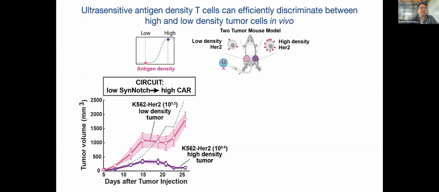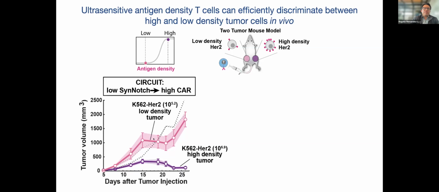And that is what is shown here at the bottom left. This is the days after tumor inoculation, and on the y-axis is the volume of the tumor. So you can see how in these black and gray lines, if you don't have any receptor that targets the HER2 antigen, both tumors grow.